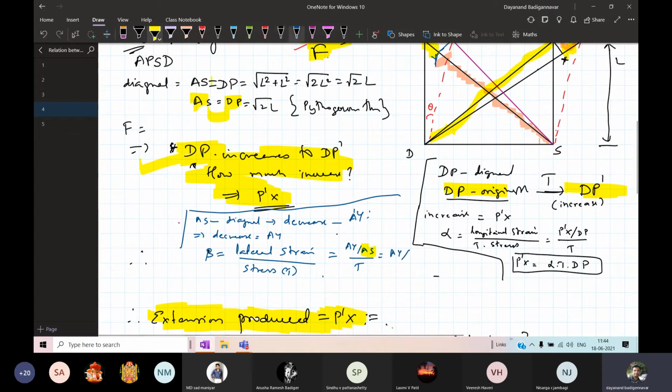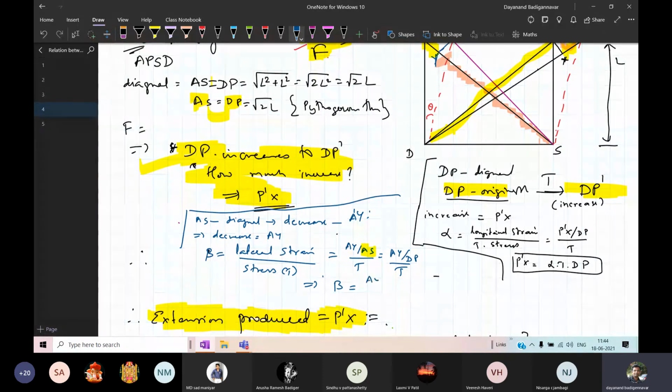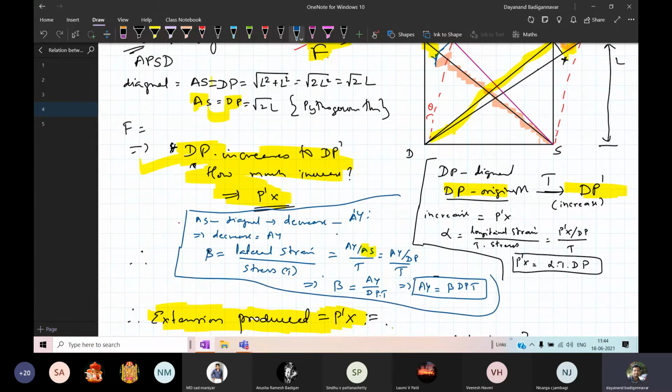So therefore I can write ay by dp by t. So rearrange it for beta. Therefore beta is equal to ay by dp into t. Therefore ay, this is the extension, that is equal to beta dp into t. So this is the decrease.